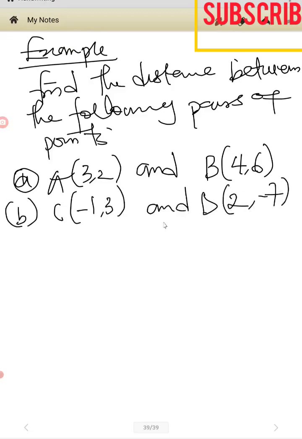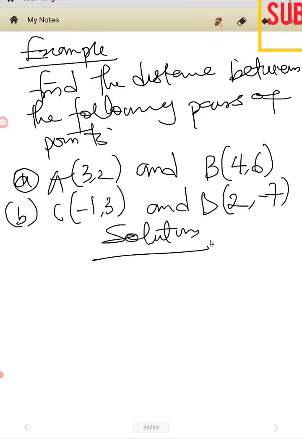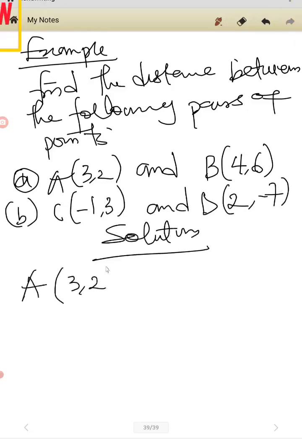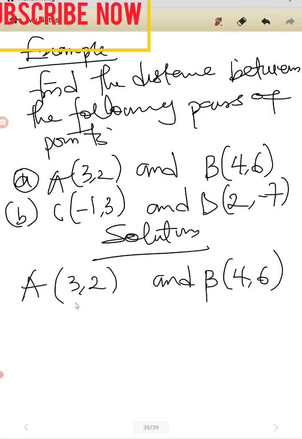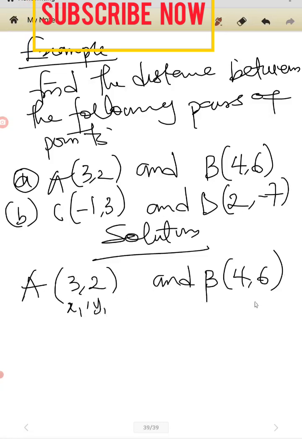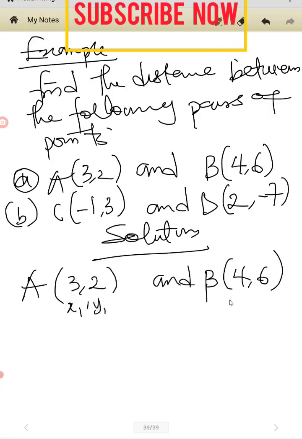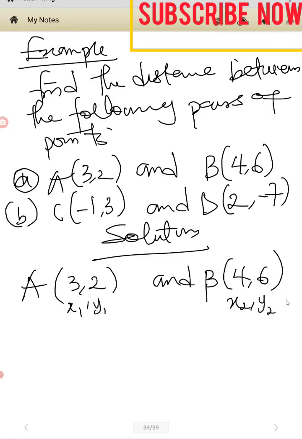So if you are to find the distance between them, this point A, which is 3, 2, and point B, which is 4, 6. This one will represent x1, y1. The second point will give you x2, y2.